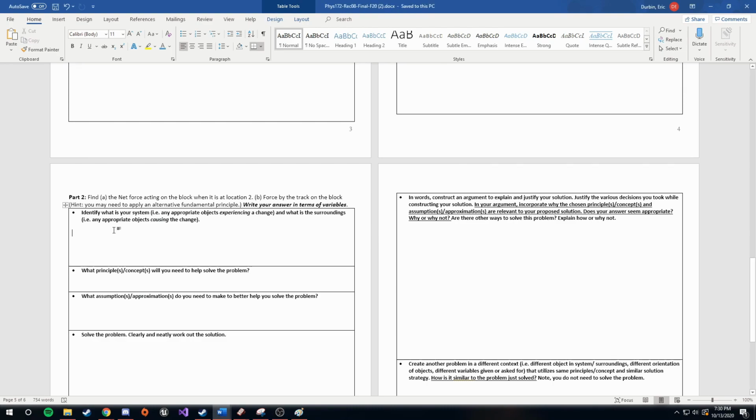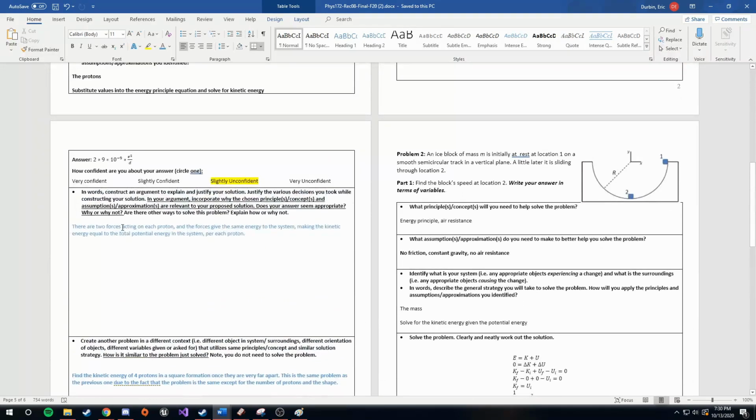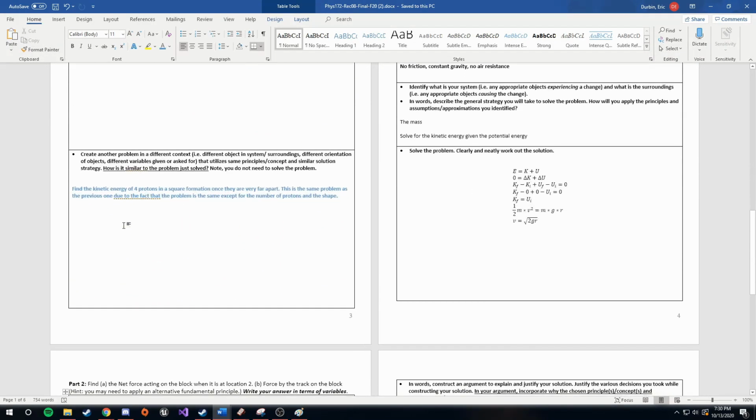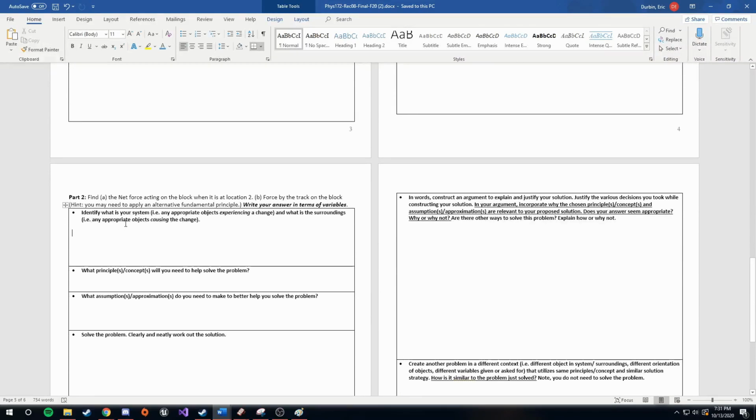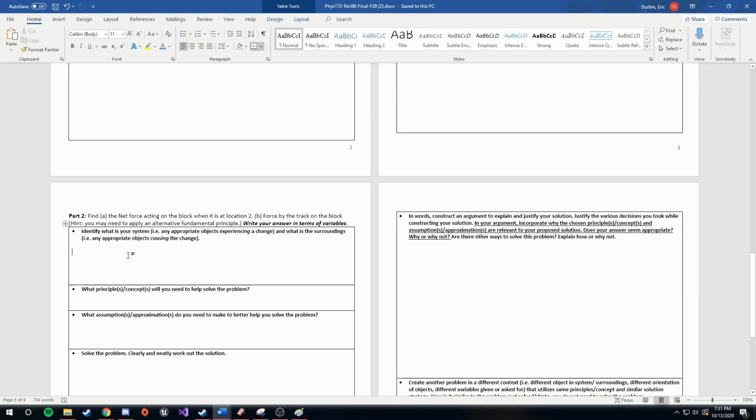Alright, net force acting on the block when it's at location 2. Okay, so this one. Net force would be 0.